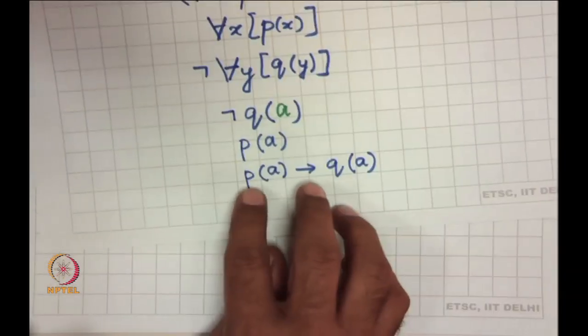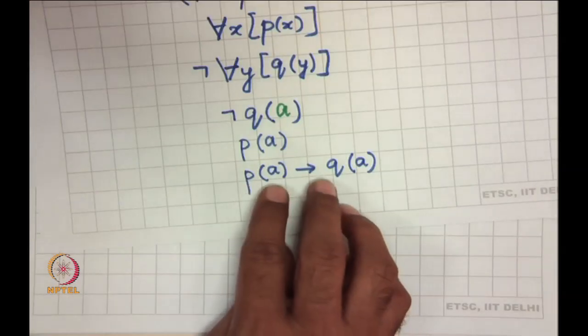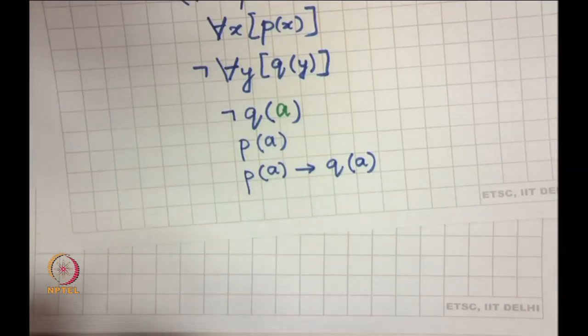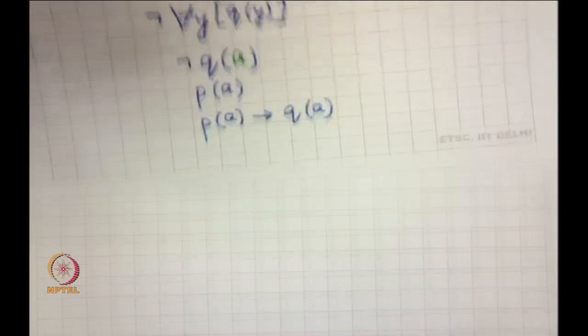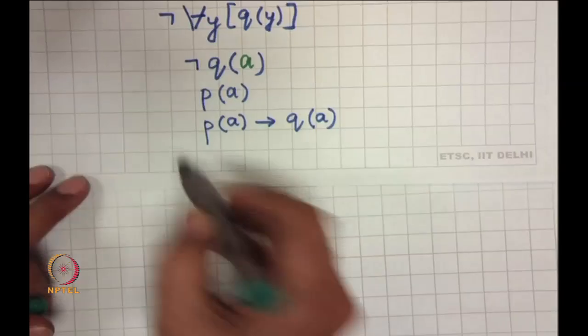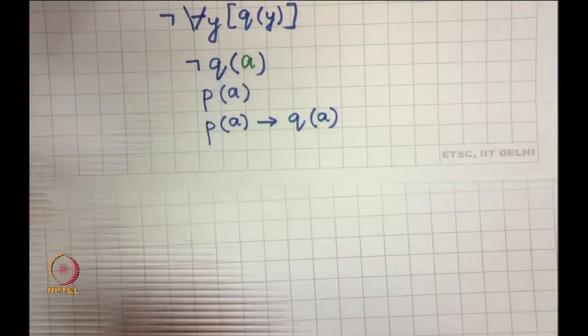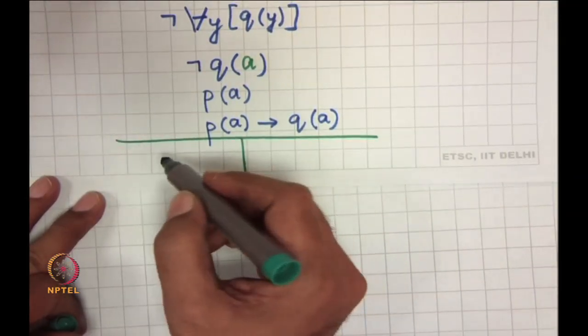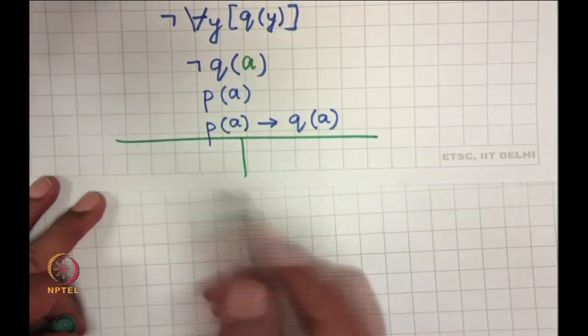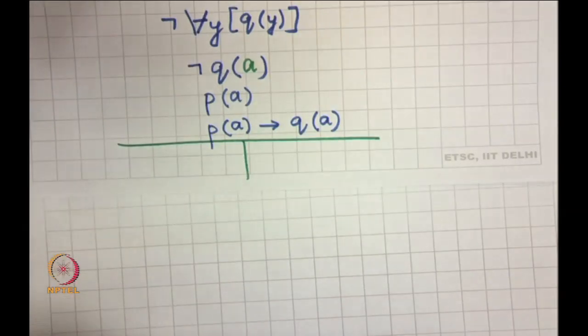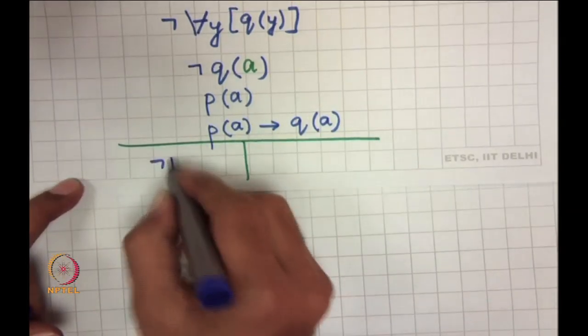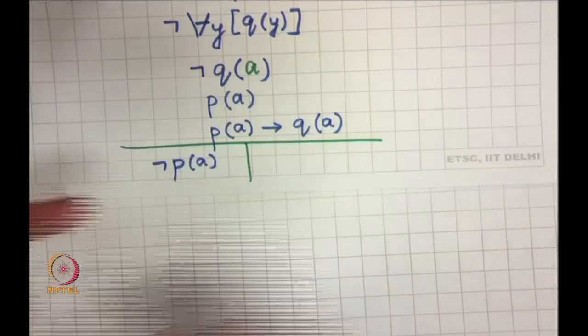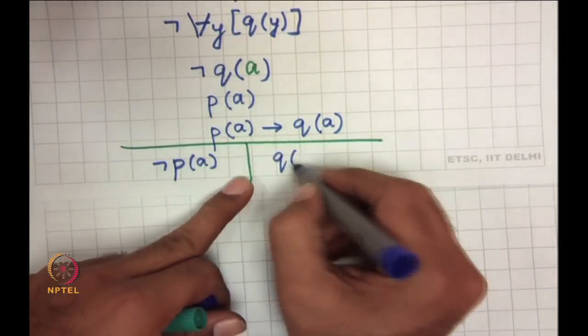Now it becomes propositional. This will branch essentially into not PA here and QA here, right?